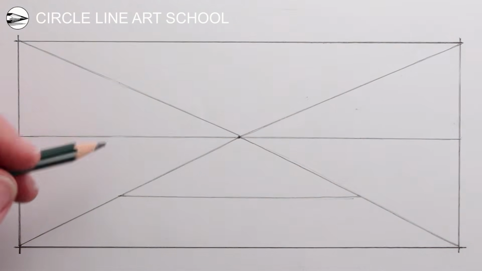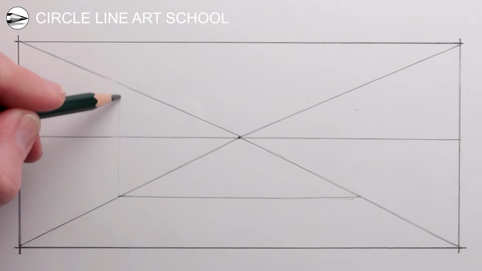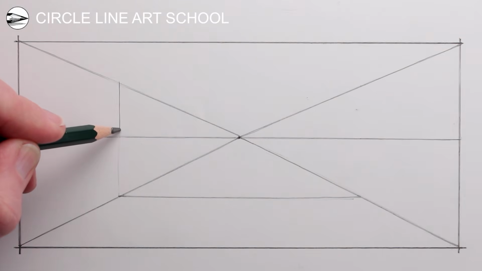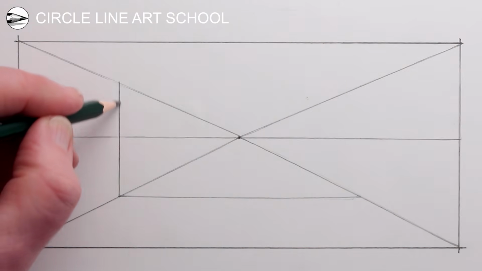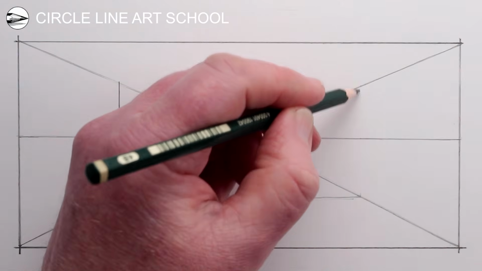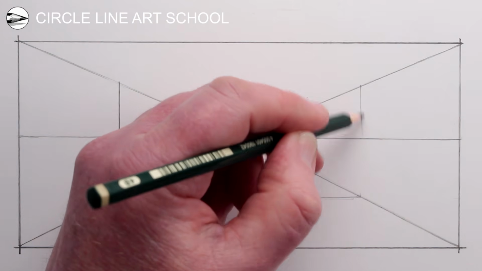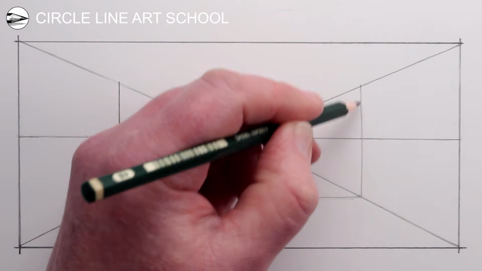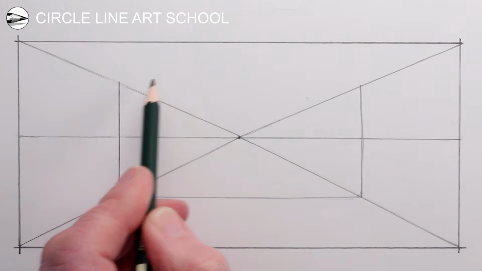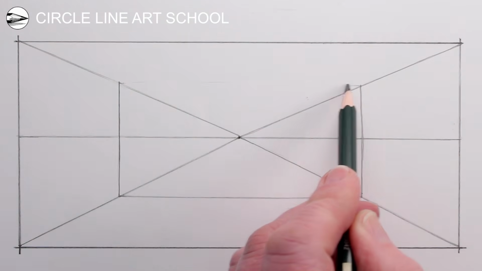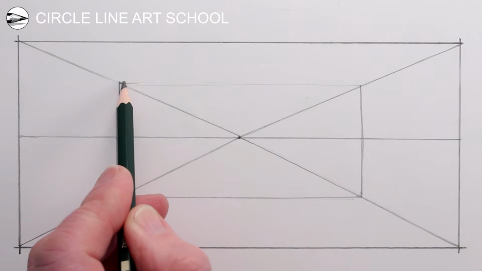Next, we can draw 2 vertical lines, each end of this baseline, to the 2 diagonal perspective lines towards the top of the drawing. And then draw one more horizontal line.